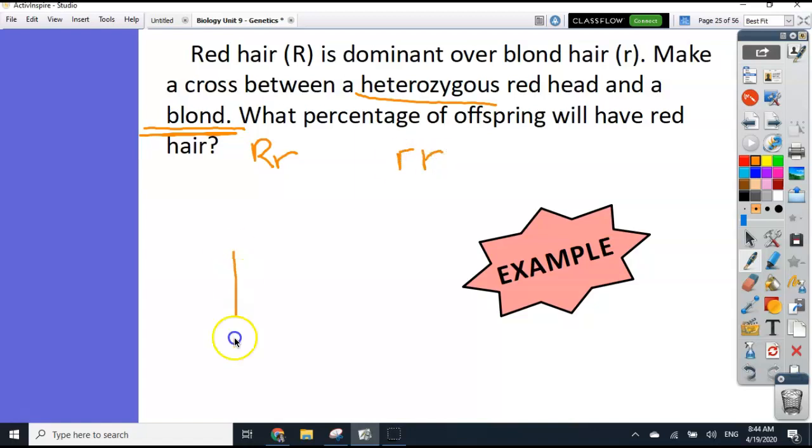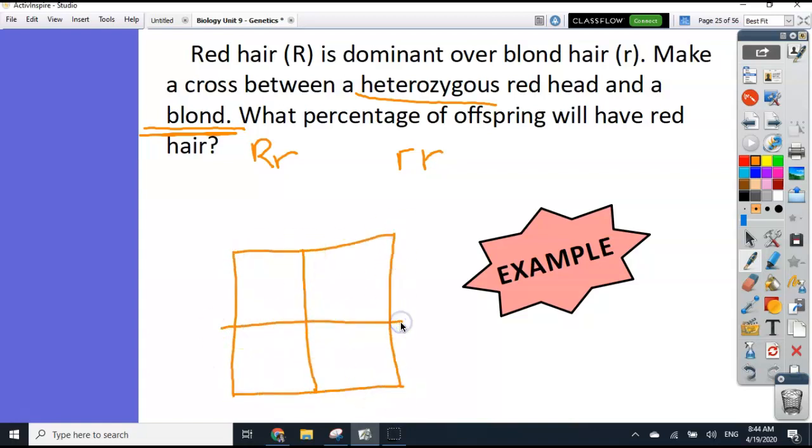So remember what we do? We draw our box. So draw our box here. We put one parent down the side. It doesn't matter which one. I'm going to put big R, little r here. And one parent across the top, little r, okay? Then we bring the letters down. So here I'm going to have a big R and a little r.